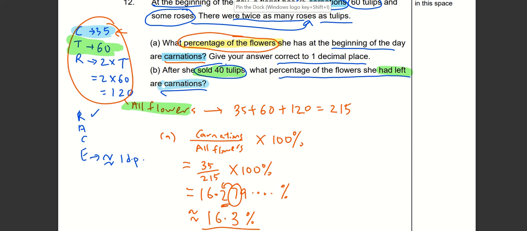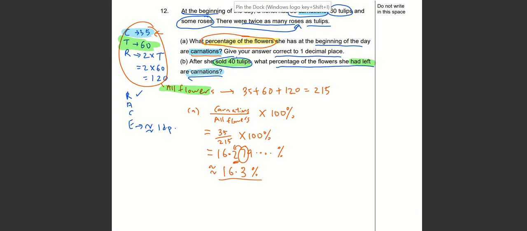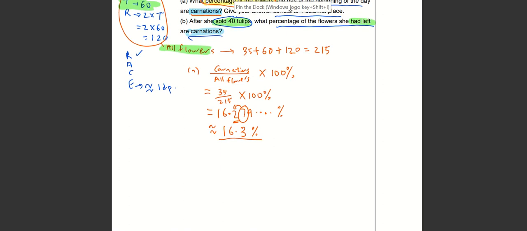So you can figure out from this part of the question that it's about carnations, and actually carnations didn't change. So when I'm looking at carnations for B, carnations haven't changed. And out of the flowers she had left, it's still looking at all flowers, but these all flowers have some being sold. So we are looking at what is left after selling. Sold what?